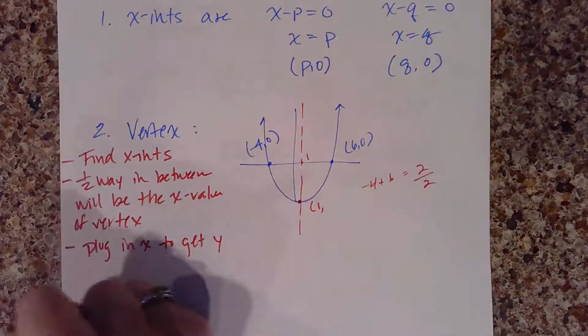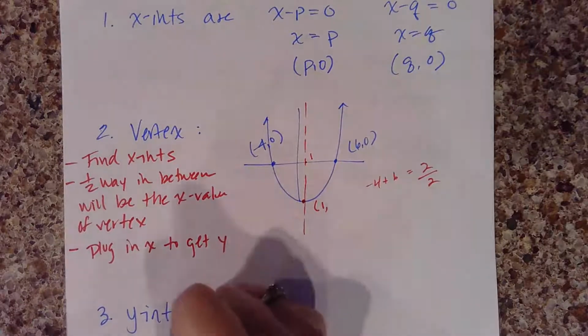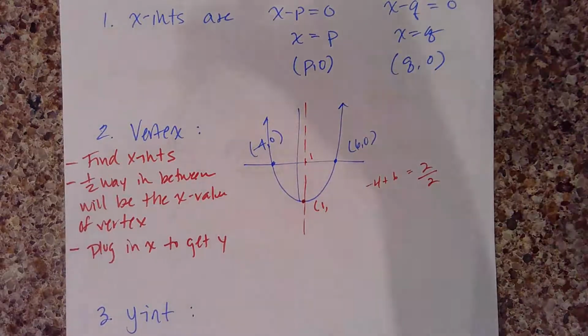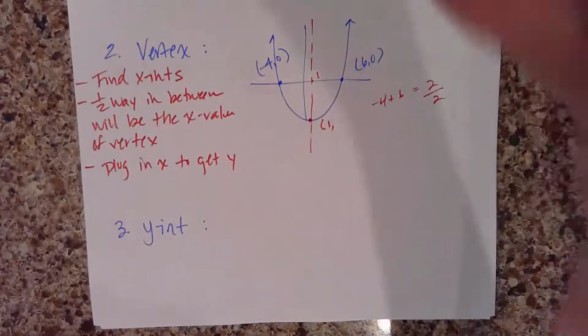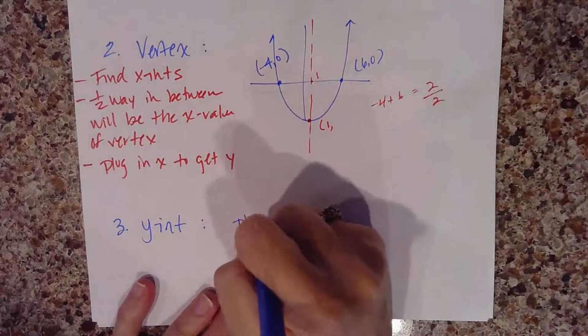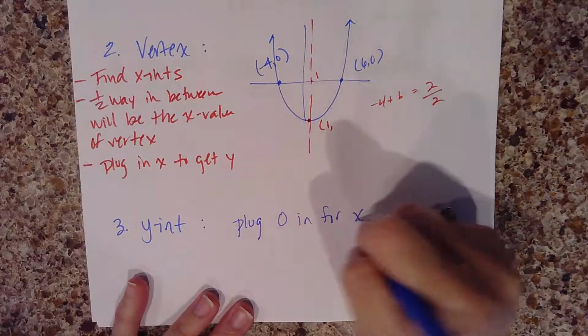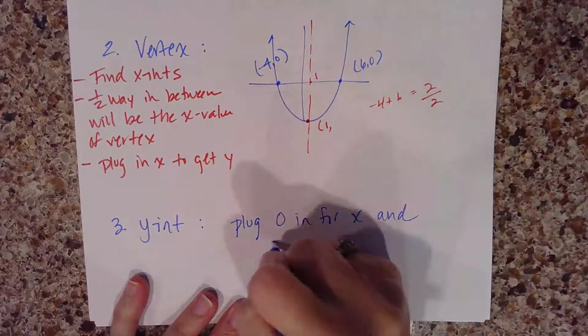I'm just going to go over this one just because we mentioned it on the other one, the y-intercept. This is really found more algebraically. For the y-intercept for a factored form equation or intercept form equation, all you're going to do is plug 0 in for x and solve for y.